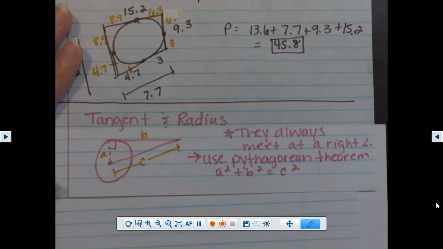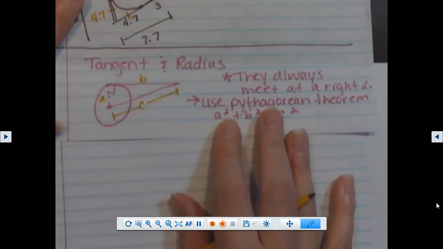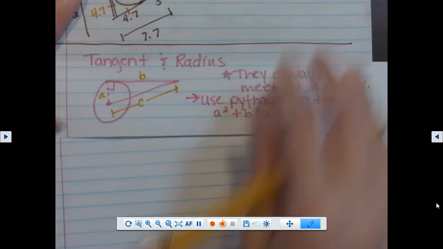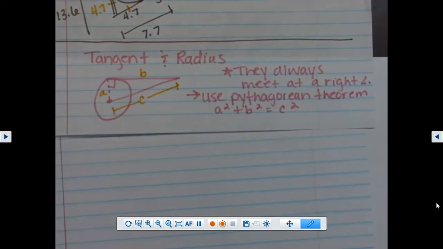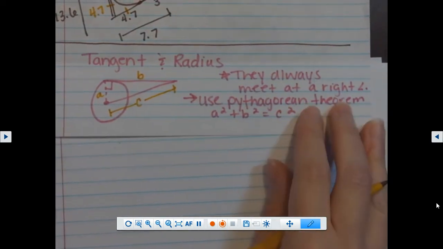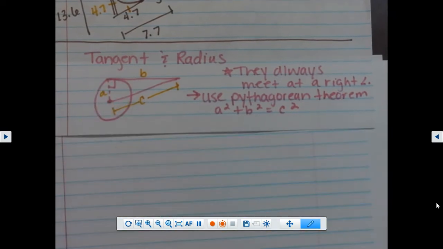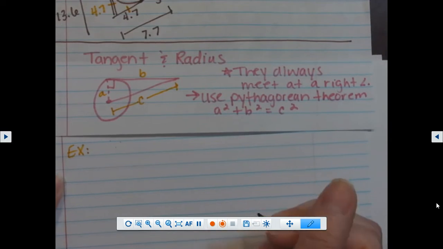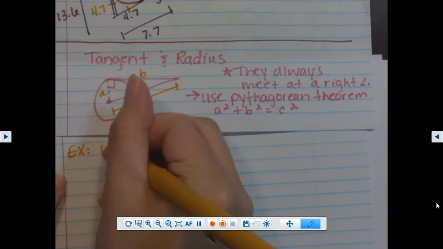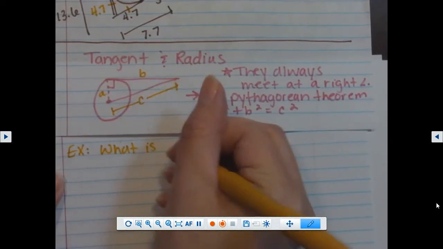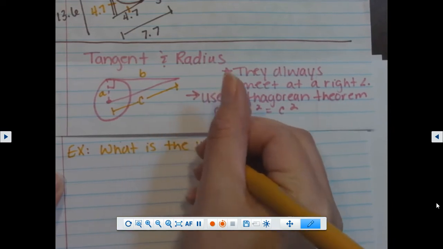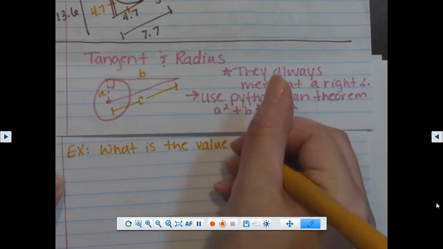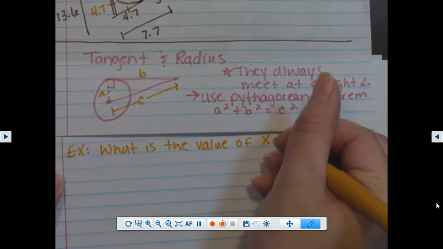Okay, and I'm going to do an example on the next sheet of paper. So for my example, my question is, what is the value of x?